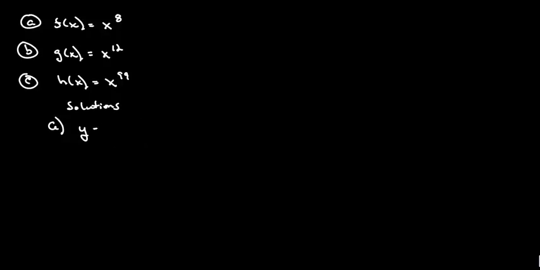If y was equal to x to the 8th, then that implies that dy dx is equal to d dx, which tells us we have to take the derivative of x to the 8th. Now this variable right here has got to match this variable.